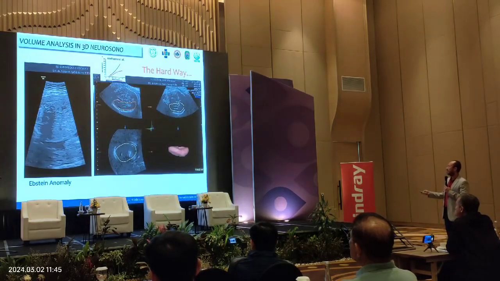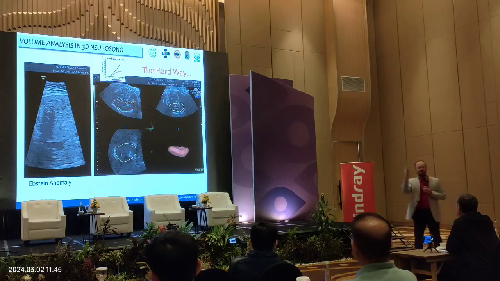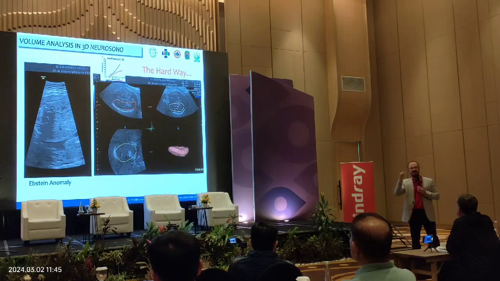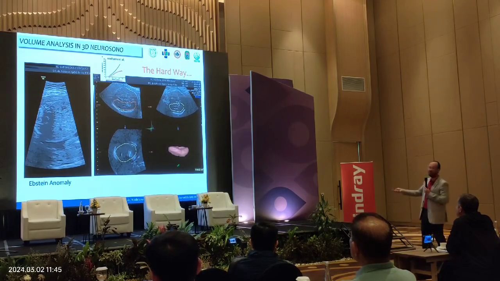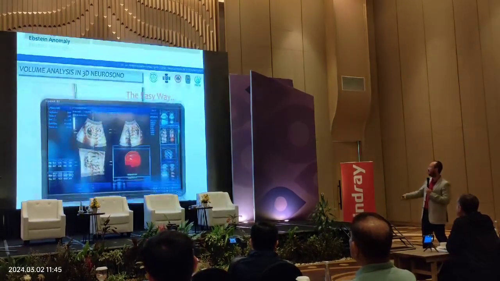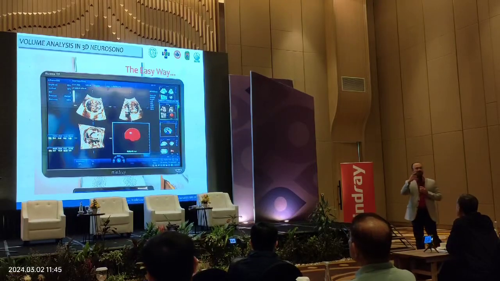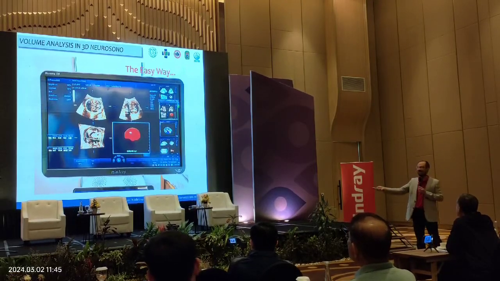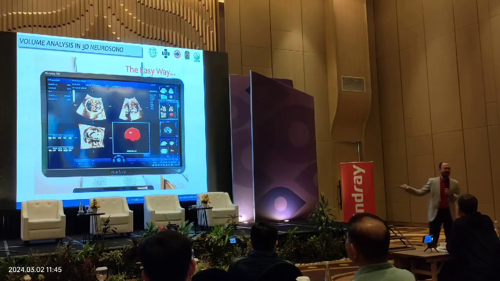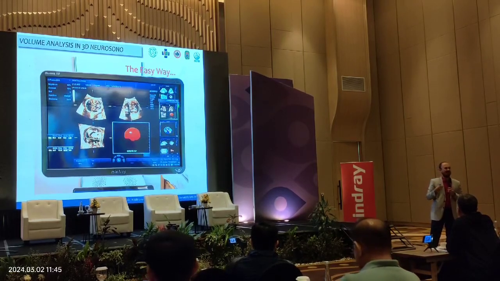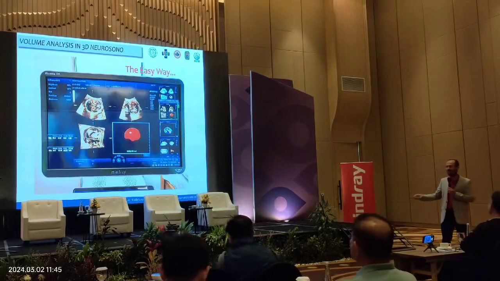I had to measure it at 30 degrees, 6 times, and you get the volume. But now, from the Mindray machine, only 1 click, and you see the volume. So this is the easy way, and previously is the hard way. It's up to you. You want to do the hard way, as I do, or you want to do the easy way. Okay?